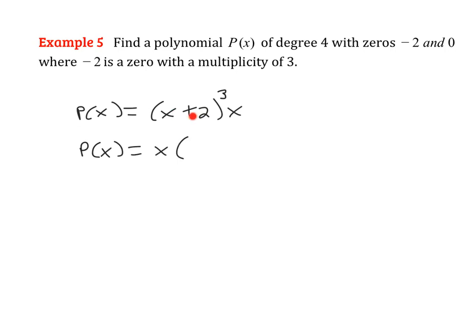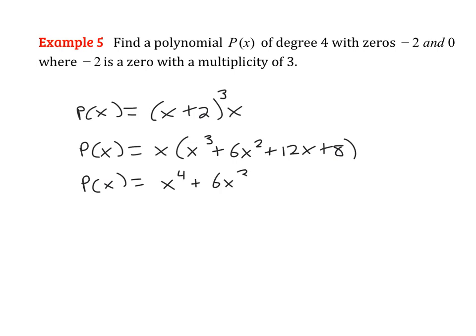If you multiply this out, remember you can't just distribute the exponent. You need to do x plus 2 times x plus 2 times x plus 2. You get x cubed plus 6x squared plus 12x plus 8, and then we're going to distribute in the x. So x to the 4th plus 6x cubed plus 12x squared plus 8x.